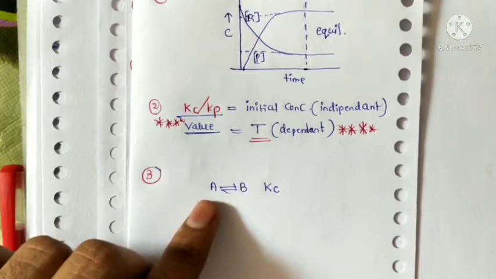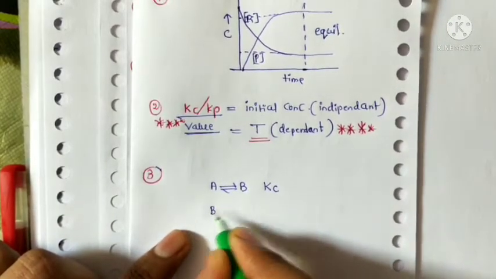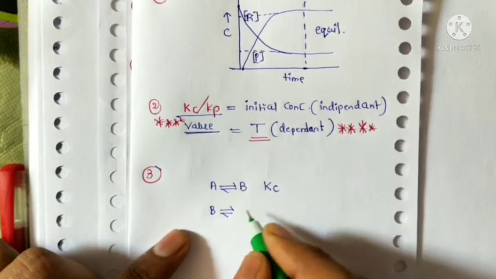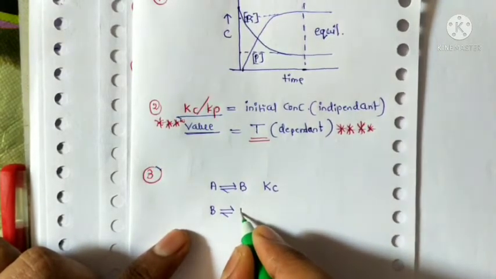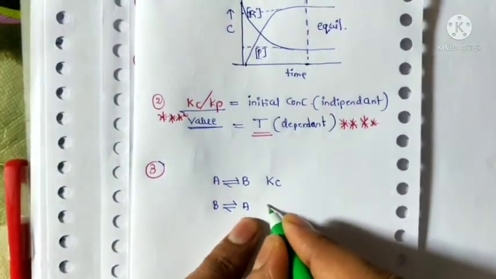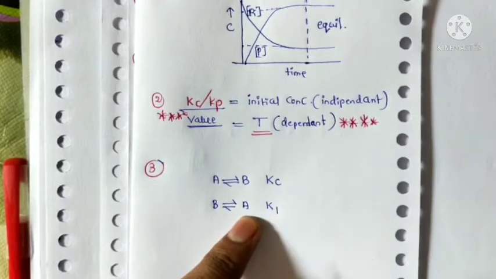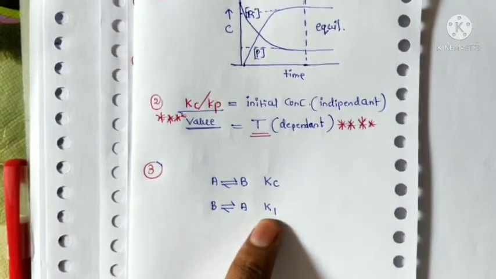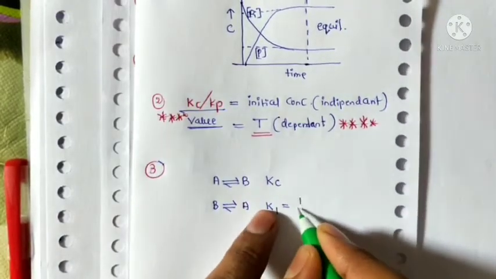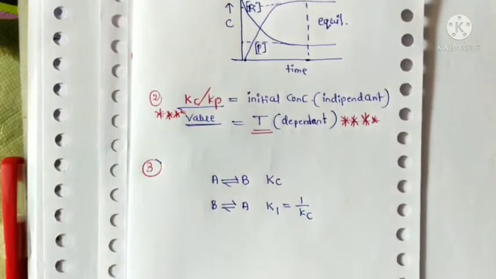Whenever the reaction is reversed, that means B is in equilibrium with A, then this new equilibrium constant, for example K1, is the inverse of the equilibrium constant for the forward reaction.